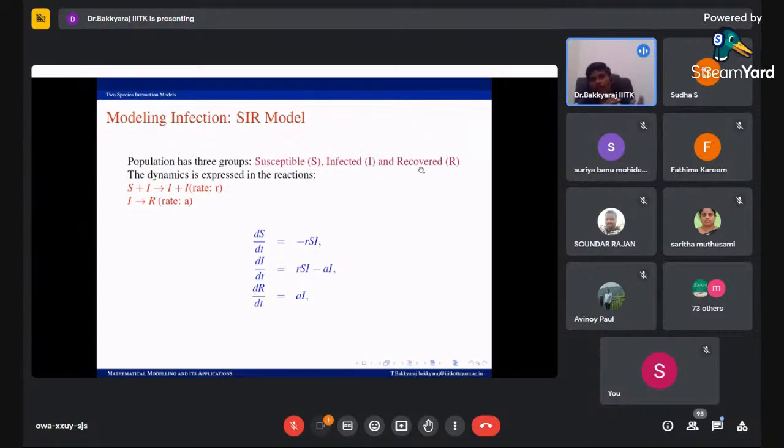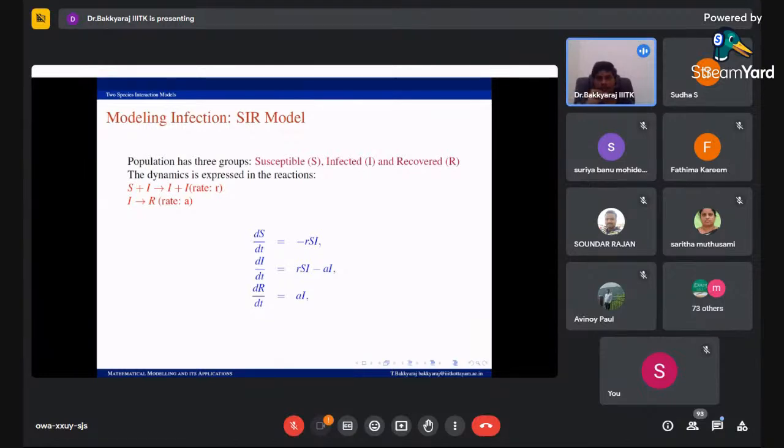So S plus I plus R is the total population, capital N, for example. These all change with time. From a graph theoretical point of view also, you can think that it's a complete graph. If one person is infected, there is a possibility that he will meet all the other persons randomly.